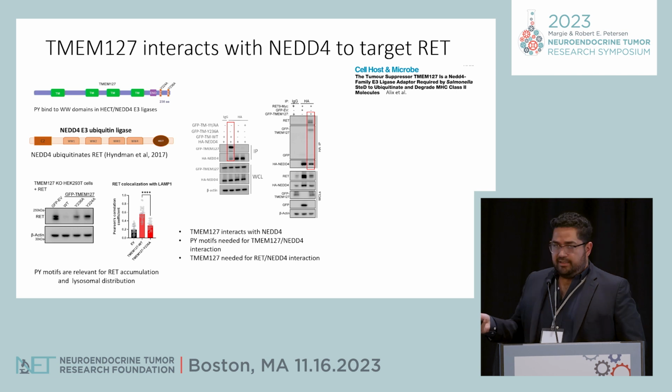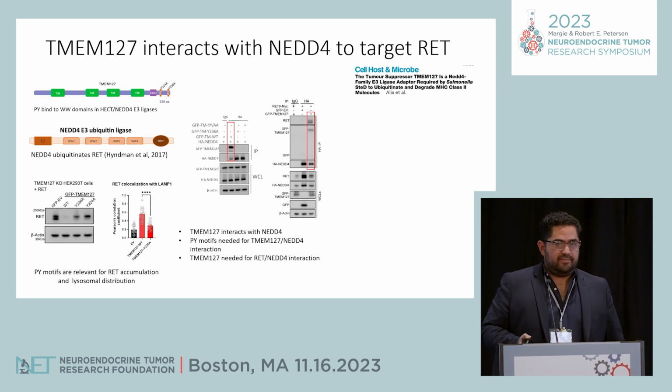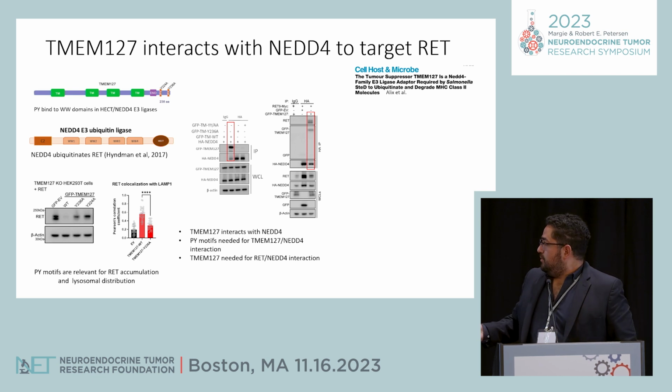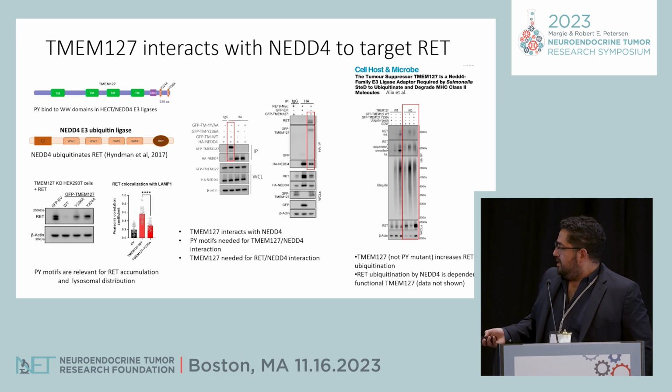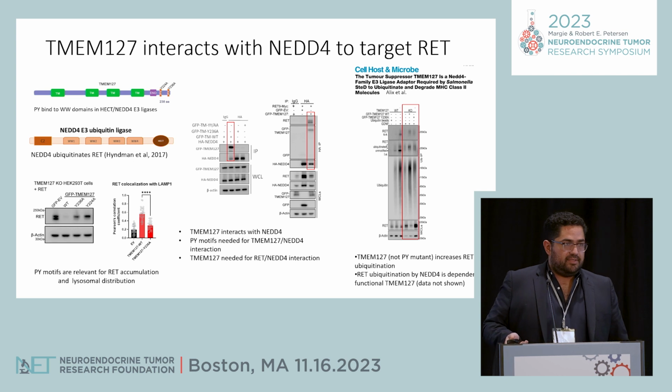And intriguingly, in a separate Salmonella infectivity model, they had also seen that TMEM played a role in regulating the major histocompatibility class 2, which is also a cell surface receptor, by associating with WWP2, which is in the same family of ligases as NEDD4. So this really motivated us to look at some potential parallels between their model and our model. And indeed, we showed that RET ubiquitination was influenced by TMEM in a PY-dependent manner, and that this was NEDD4 dependent.